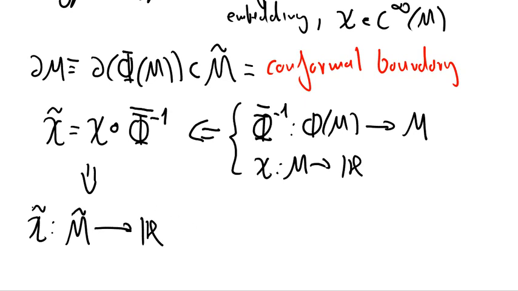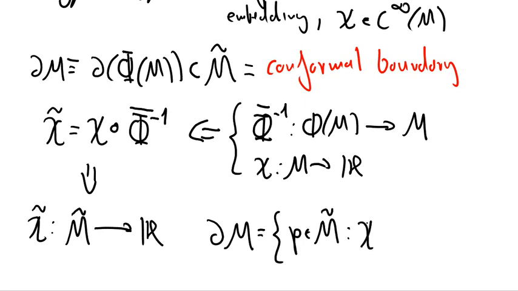The point of introducing this function chi tilde is that we will be able to use it to compute explicitly the set delta M, the conformal boundary, which is now defined as the set of points in M tilde such that the action of chi gives 0.